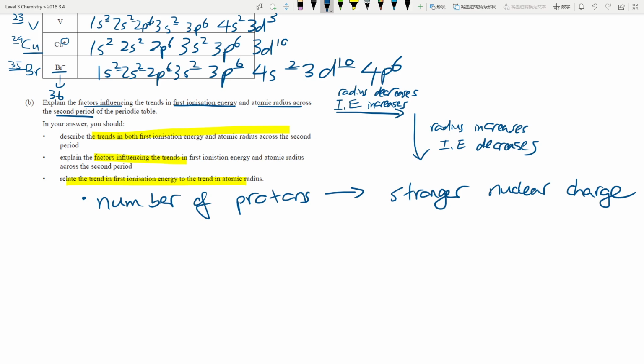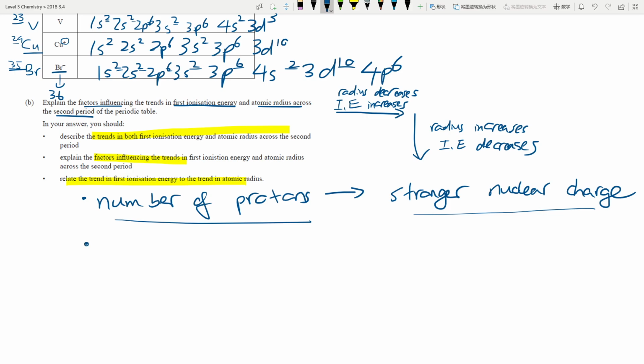The stronger the force of attraction, the more the valence electrons experience it, and they'll be closer to the nucleus. Hence, the radius will be smaller. So this is one thing you need to consider.